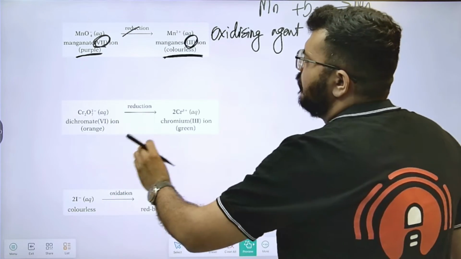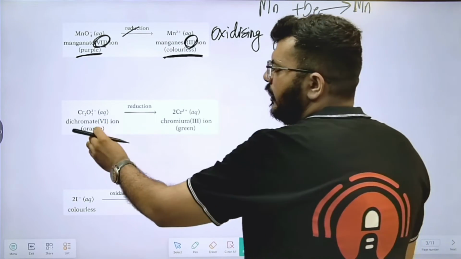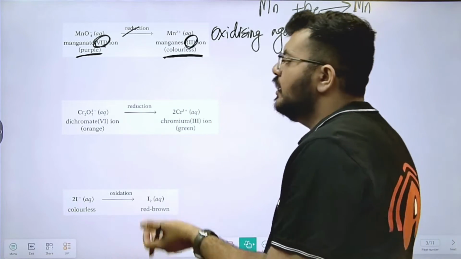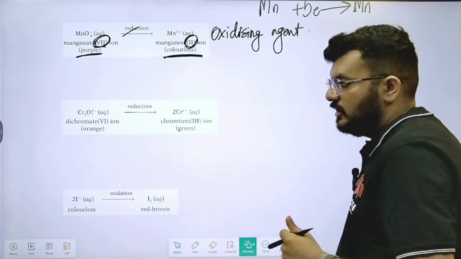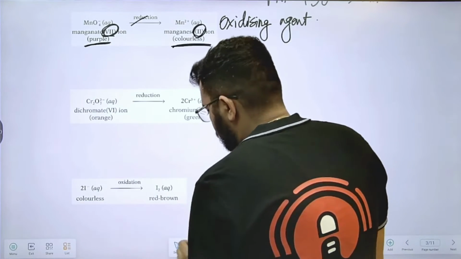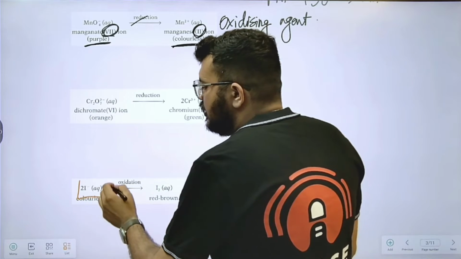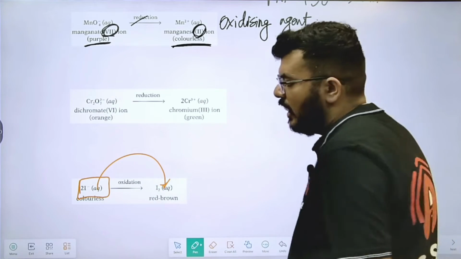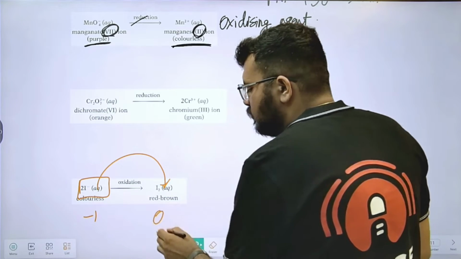Just another example which is in our syllabus, dichromate goes from 6 to 3, which is reduction, again meaning that this is an oxidizing agent. But iodide is colorless. It gets oxidized and becomes red brown iodine. Its oxidation state went from -1 to 0.